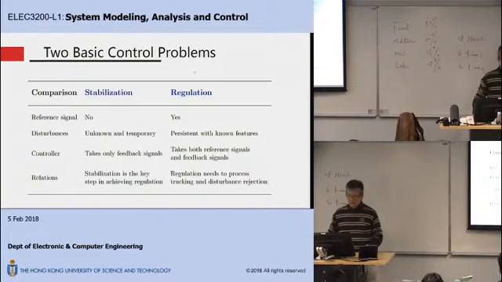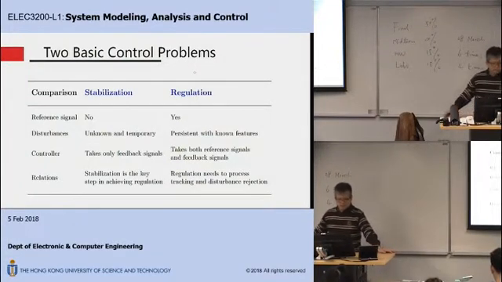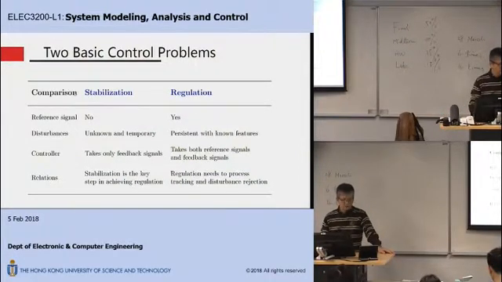Okay, so let's again recap what we have talked about so far. We have two problems, stabilization and regulation. We're going to study both problems and look at solutions. We're going to do experiments on those problems, on the stabilization problem and the regulation problem.